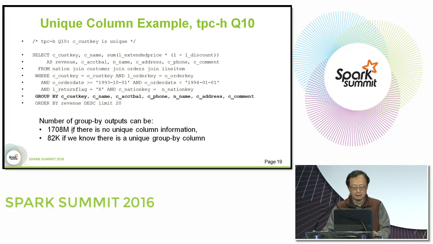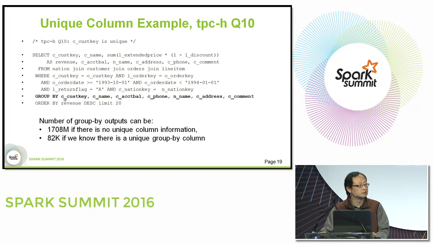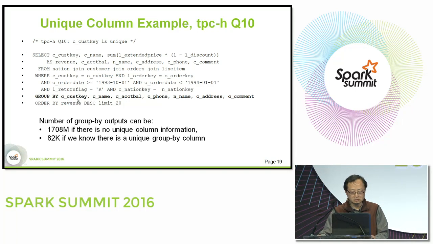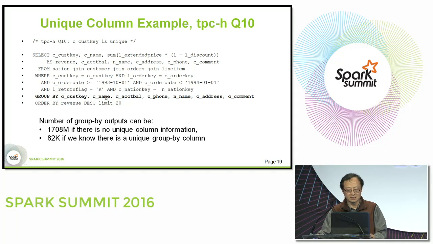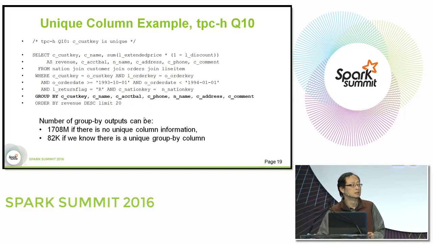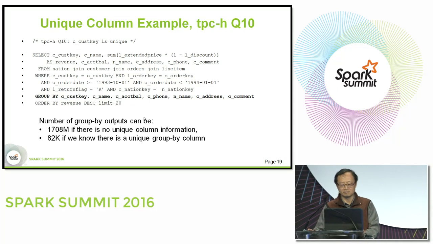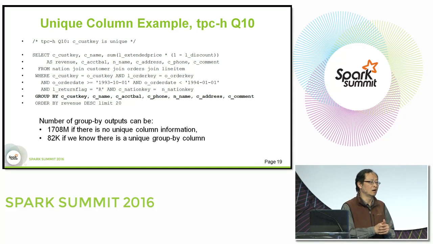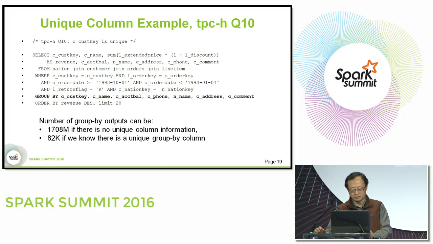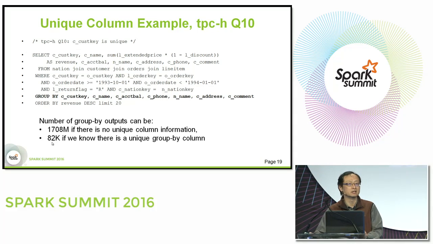But if we say that this column is the primary key, then there's no need to multiply its number of distinct values with the number of distinct values in the customer name, account balance, etc. Then you can have a much better idea of the number of output rows for the group by operation. For example, in our case it's only 82,000. It's like 2 or 3 orders of magnitude smaller.